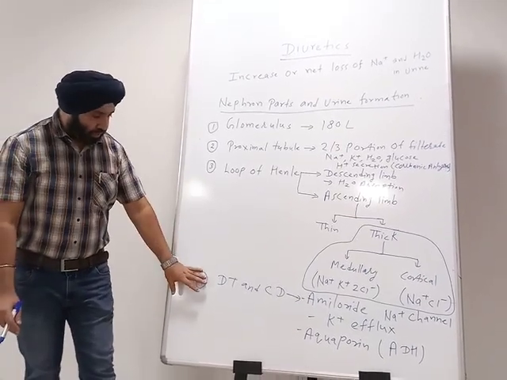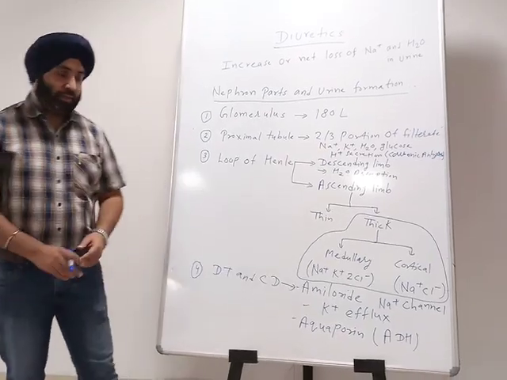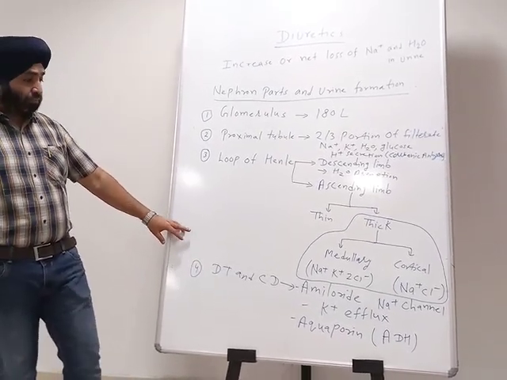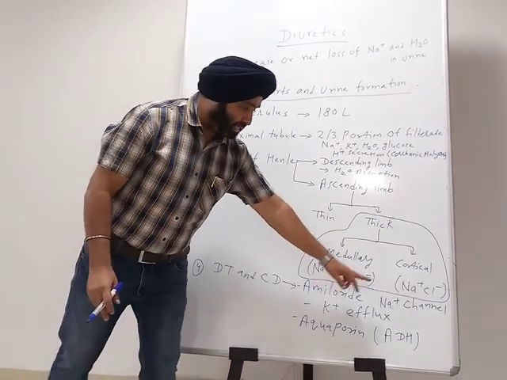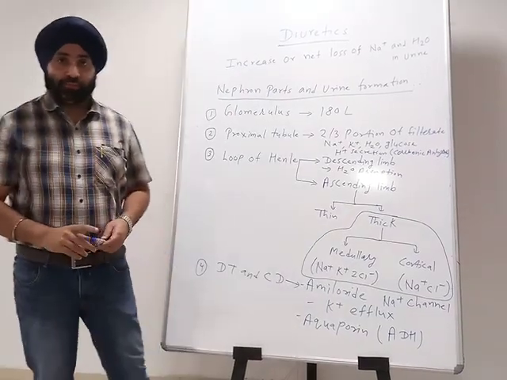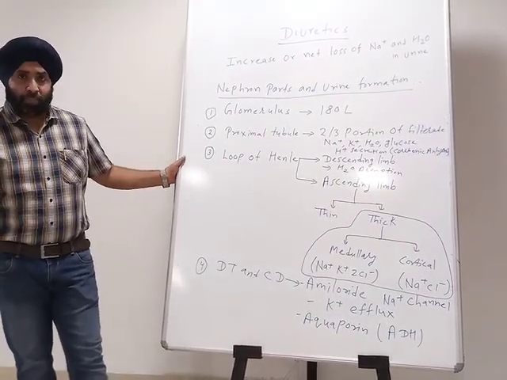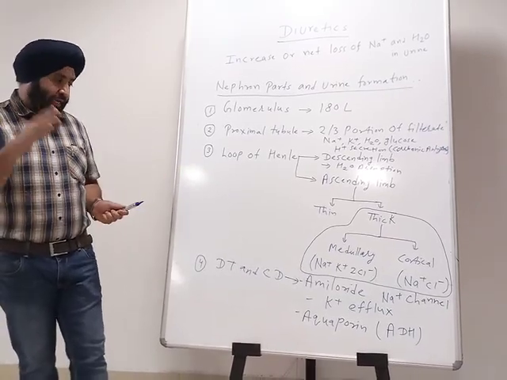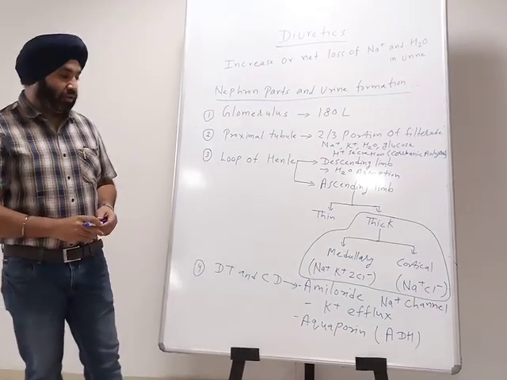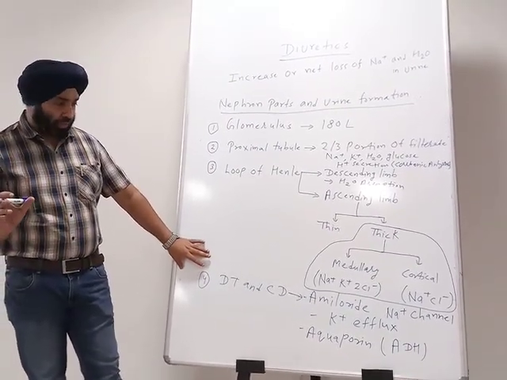The last part of the nephron is the distal tubule and collecting duct. Here limited reabsorption occurs. The amiloride sensitive sodium channels are present, which cause a limited reabsorption of sodium, and in exchange of that, potassium ions are secreted or effluxed.